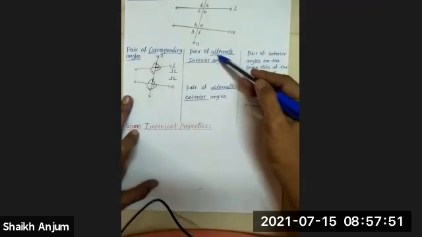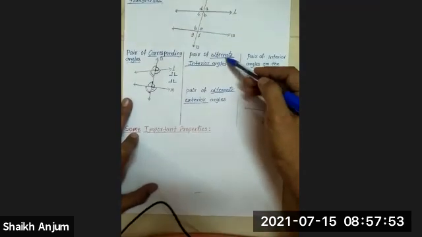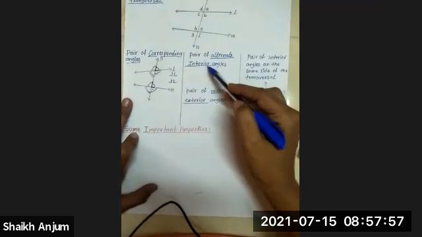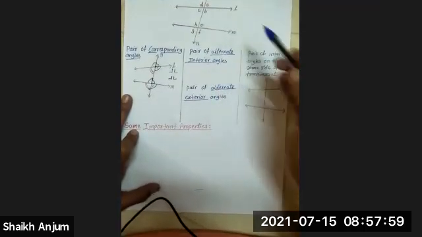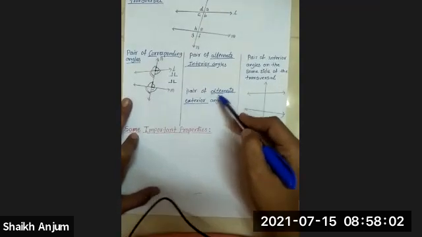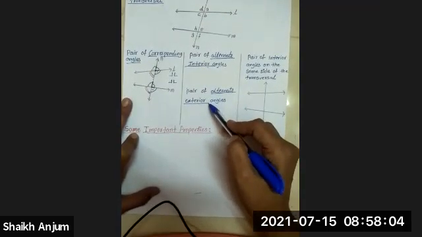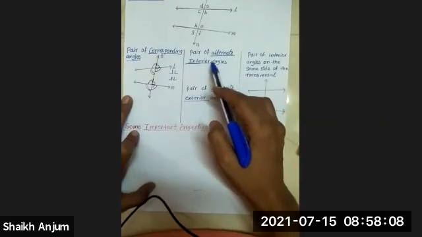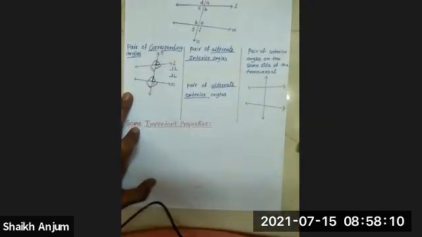Pair of alternate angles. Now, two types of alternate angles are here. That is alternate interior angle and alternate exterior angle. Okay. Now, what are the alternate exterior angles?